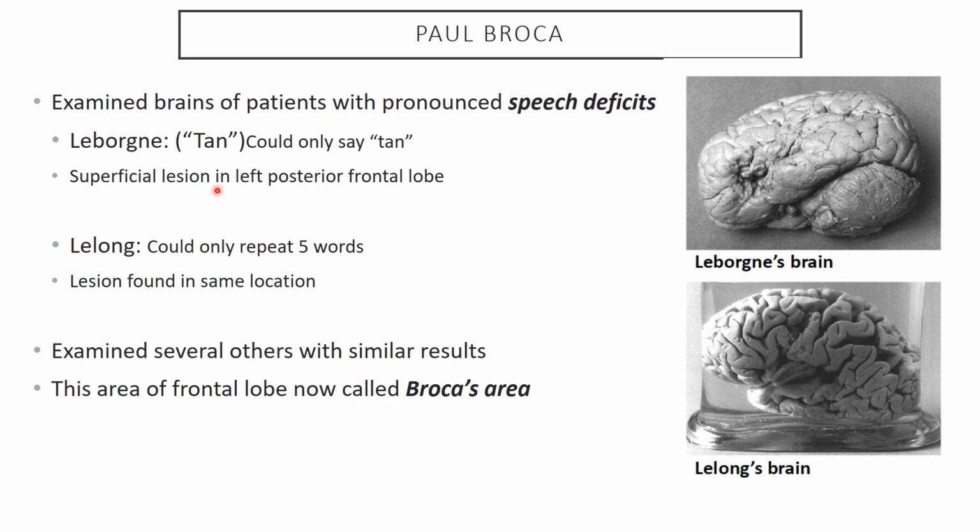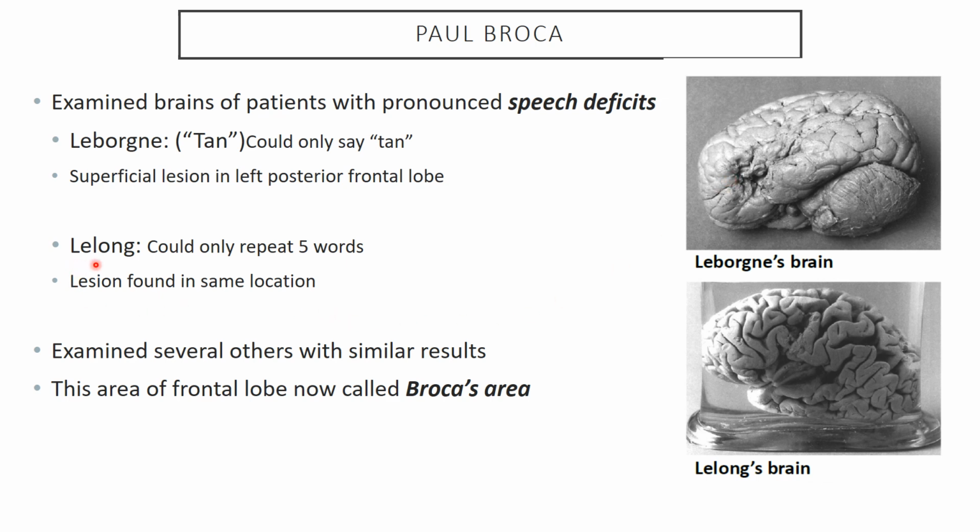He had a few patients in particular that are very famous cases in neuroscience. One guy, his last name was Leborgne. He could only say the word "tan." He couldn't say any other words. The only word he could say was "tan." And he had this superficial lesion to the left posterior frontal lobe.